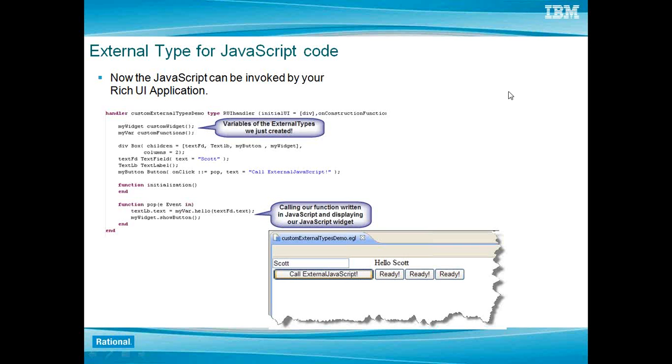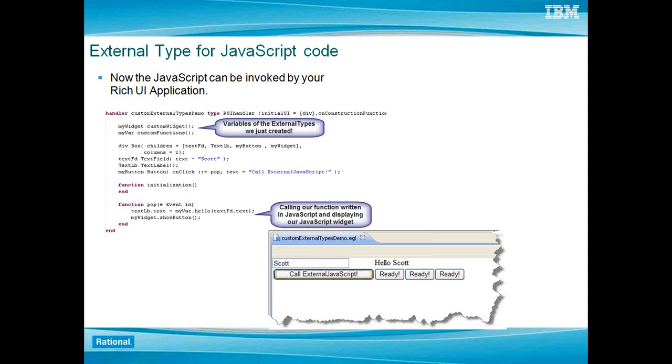So inside of our rich UI handler, we have created two widgets. My widget is referring to a custom widget, and then we have my variable, which is referring to the custom functions file. So both of these are class files, and we are creating their objects or their variables.